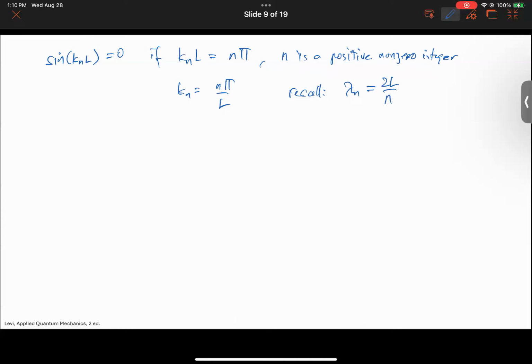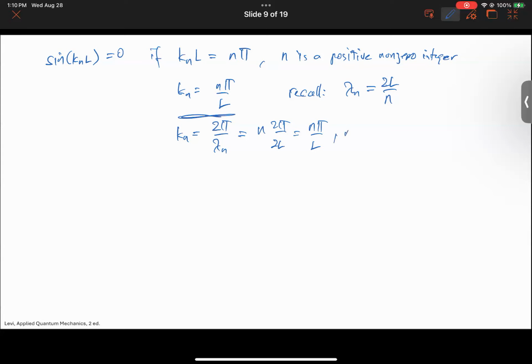It's easy to figure that out. So we can now write this as 2 pi over lambda sub n, or 2 pi over 2L over n, which is n pi over L, which is why we have this expression for k sub n.